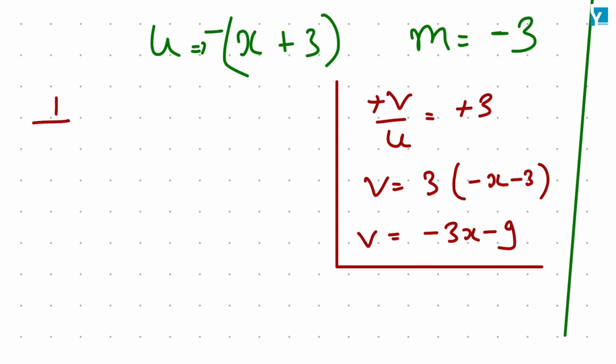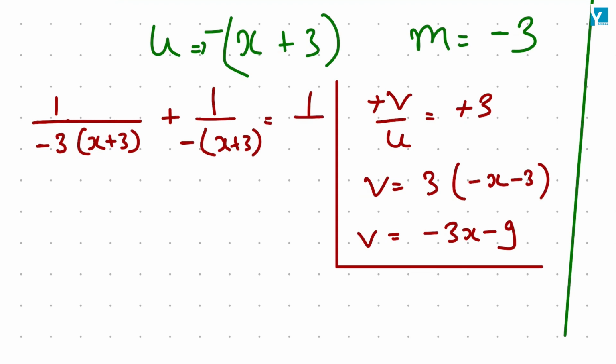Let's put it in the equation. 1 upon minus of 3 times x plus 3, plus 1 upon negative of x plus 3, is equal to 1 upon focus. And focus is something that we still haven't found. The negative signs can be taken outside, and we have just 1 by 3 of x plus 3.